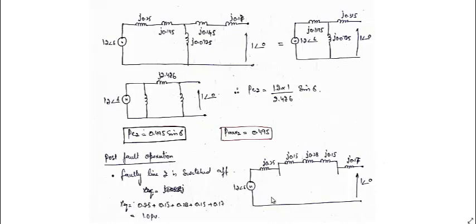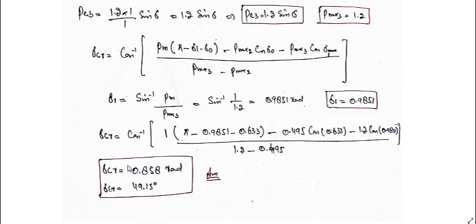In this case, X equivalent will be simply the summation of these five reactances. It comes out to be 1.0 per unit. So PE3 will be equal to 1.2 into 1 divided by 1 sine of delta, which is 1.2 sine of delta. It means Pmax3 will be equal to 1.2 per unit.